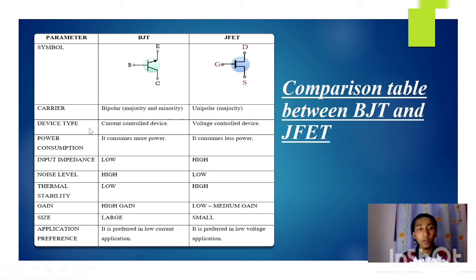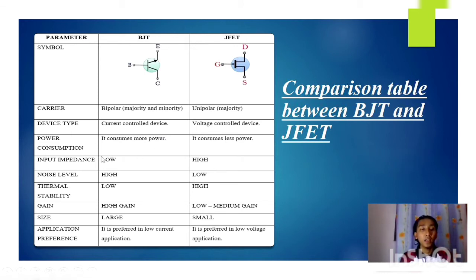Untuk device type, BJT is a current controlled device, dan the device type untuk JFET adalah voltage controlled device. Untuk power consumption, BJT consumes more power. Untuk JFET pula, it consumes less power.